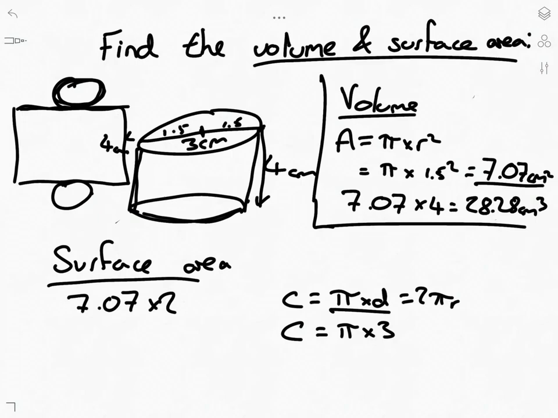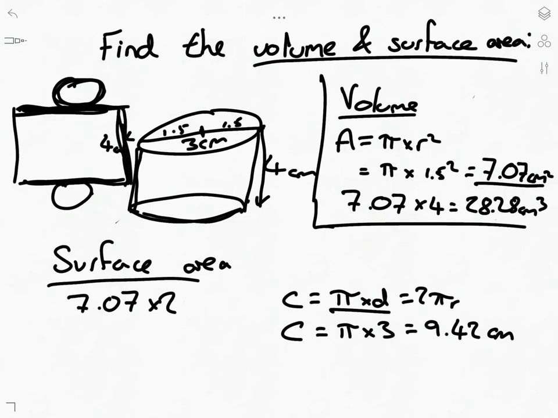So if we do that on our calculator again, 3 times pi, we get 9.42 centimeters. And remember centimeters because it's just a measurement around. We haven't squared it or anything. So that's our circumference. That's this length here, this length here.